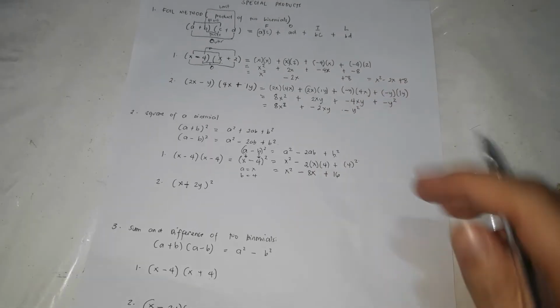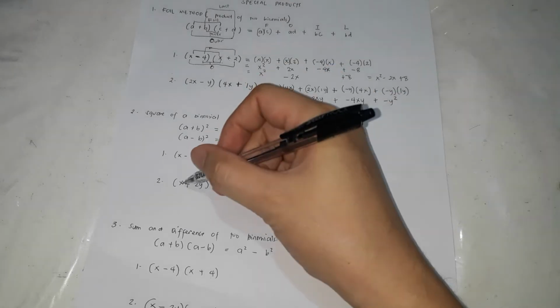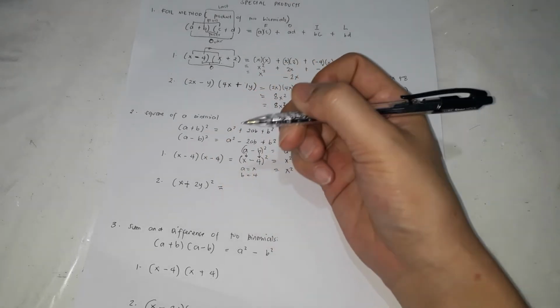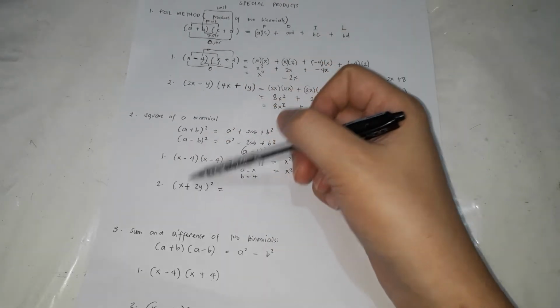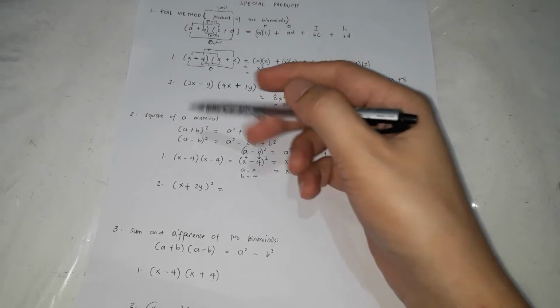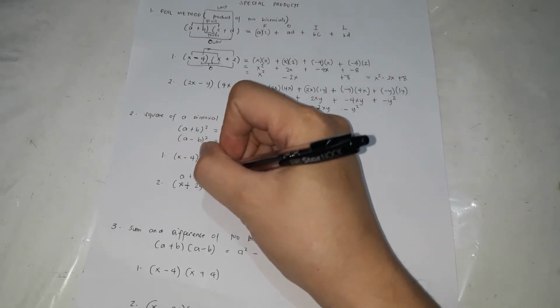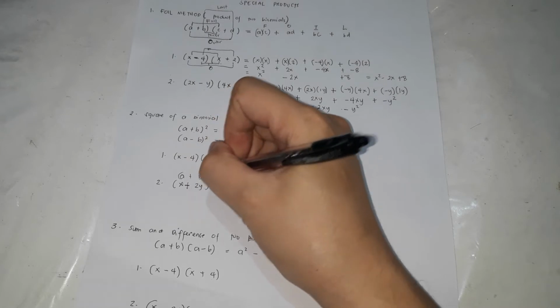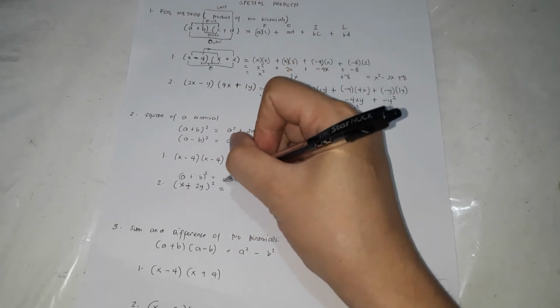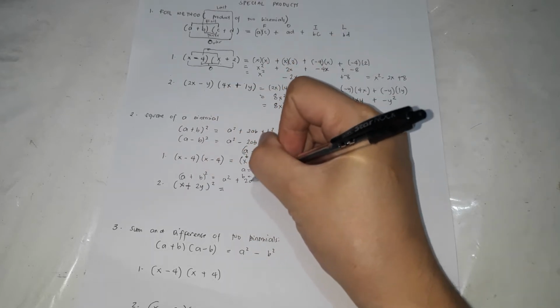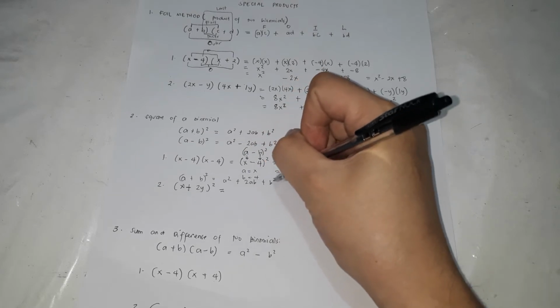Next, x plus 2y squared. So it's plus. So we're going to use in here, a plus b squared is equal to a squared plus 2ab plus b squared.